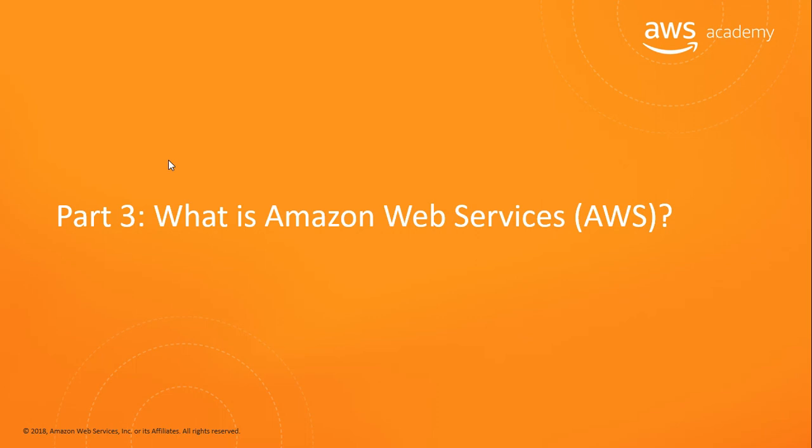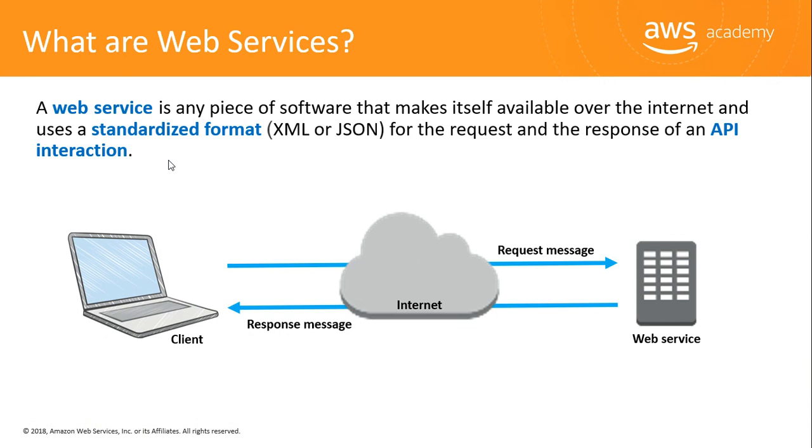We'll try to get deeper into AWS. First, you need to understand the name itself. It says Amazon Web Services. I don't want you to just understand web services in the form of a definition.